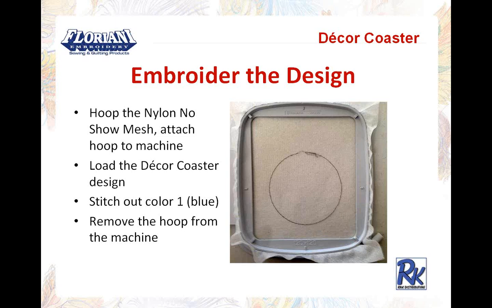But in our example here, we've actually used a darker color thread simply so you can see the actual thread a little easier. Once you've stitched out this color, the machine should stop because it's going to go to the next color. And then you want to remove the hoop from the machine. And again, if you've got a multi-needle, this is one of the colors you're going to program the machine to stop after.